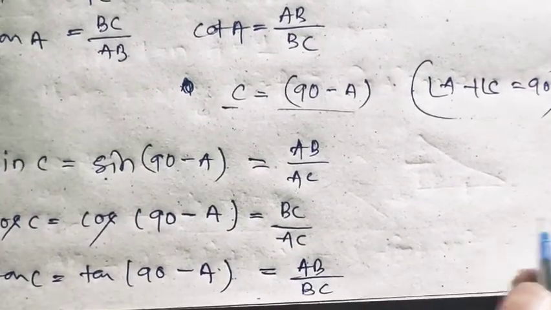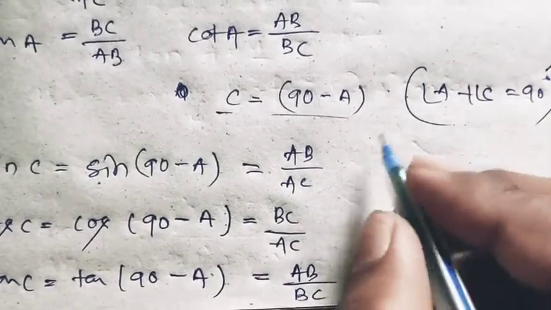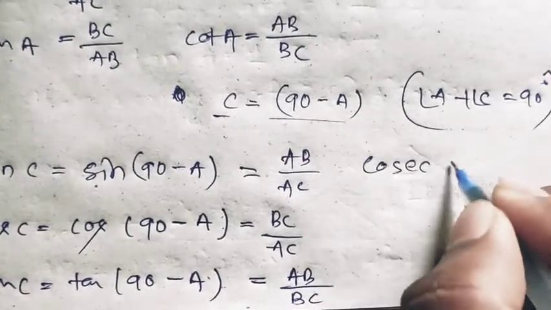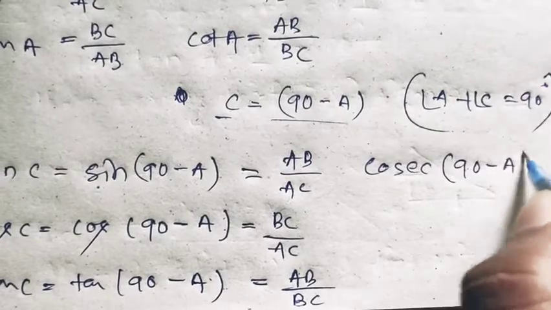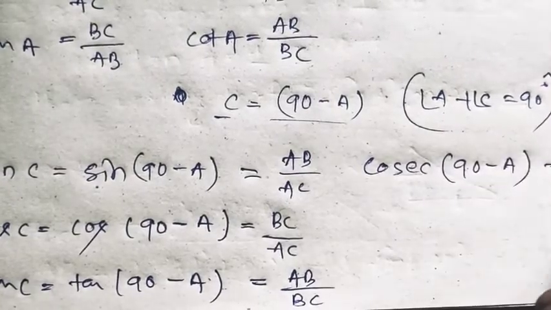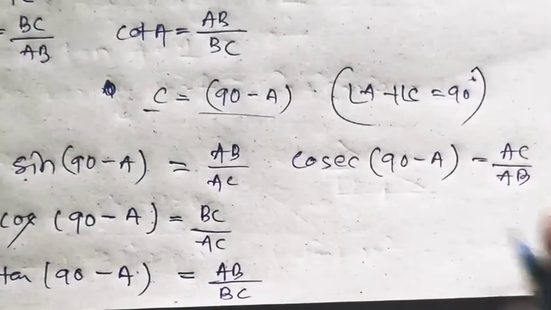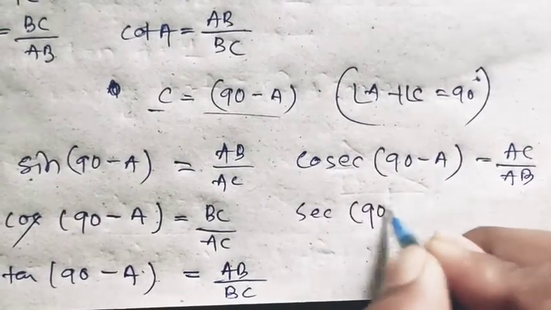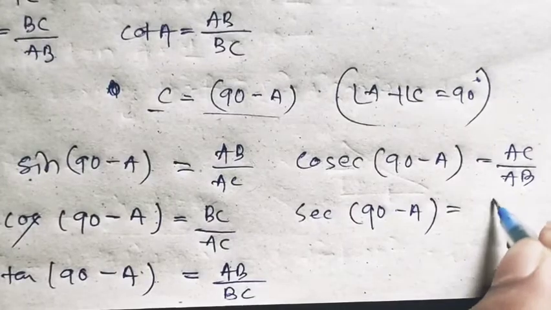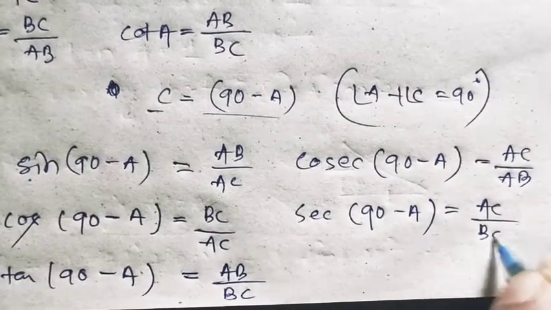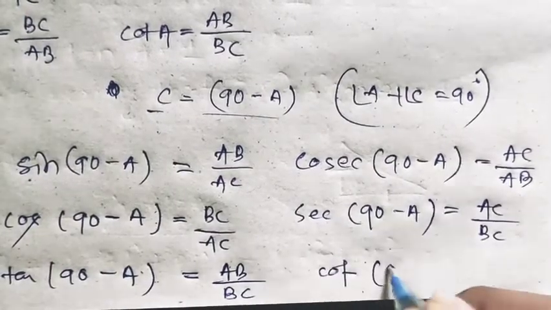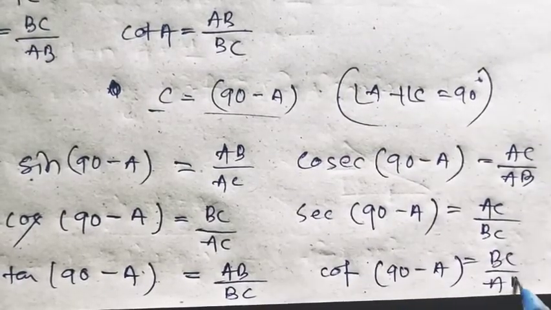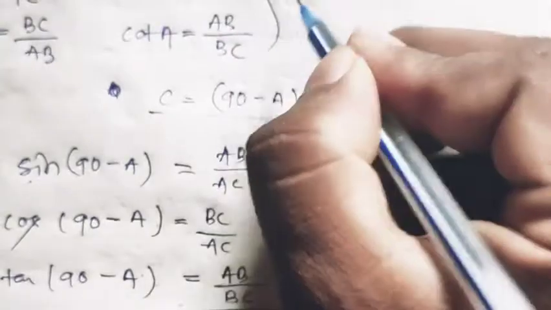Then cosec 90 minus A is equal to AC by AB. Similarly, sec 90 minus A is equal to AC by BC, and cot 90 minus A is equal to BC by AB. Let us consider this as equation 1.